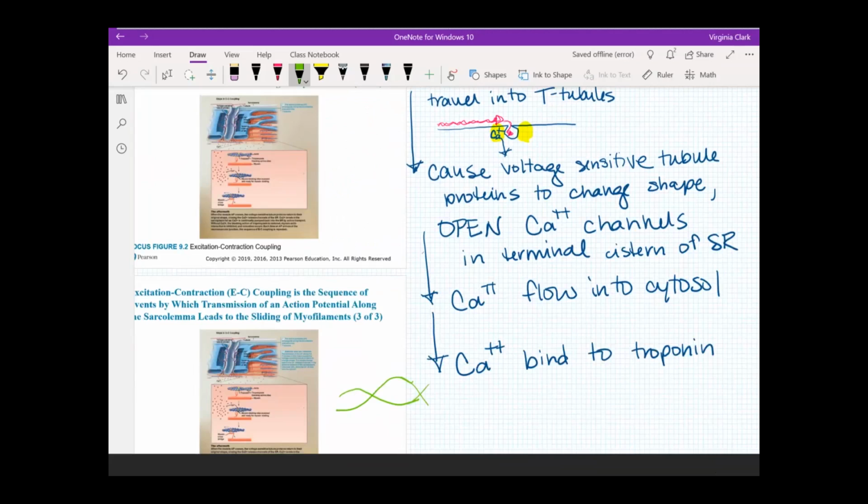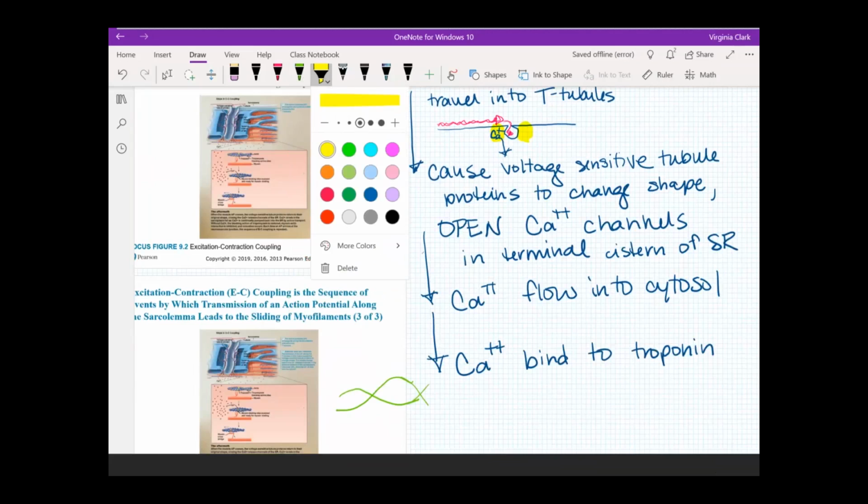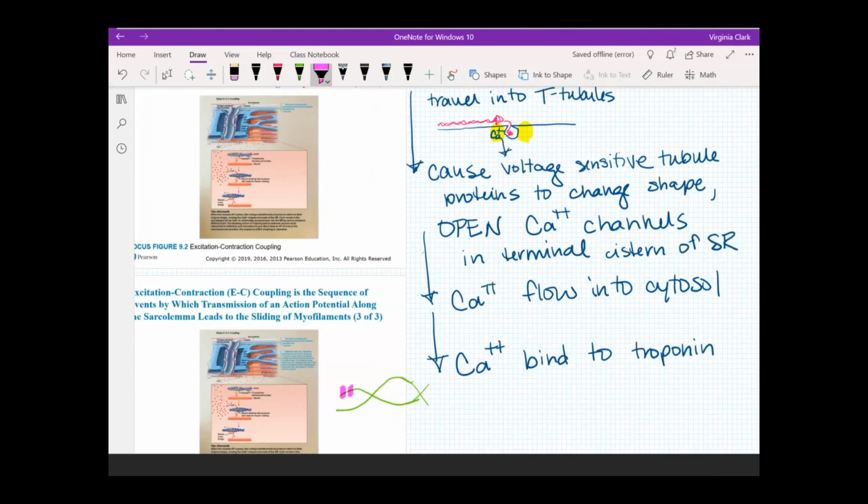So if this was our thin filament, and this was our actin protein, the tropomyosin is the green string, which is held in place by our troponin, which was these lovely little stars.